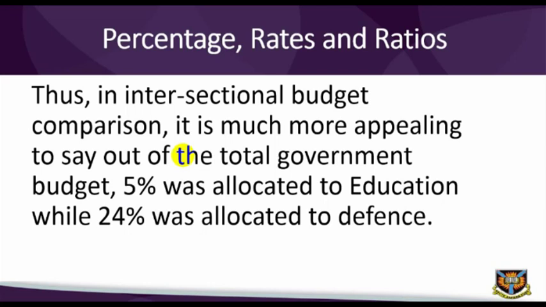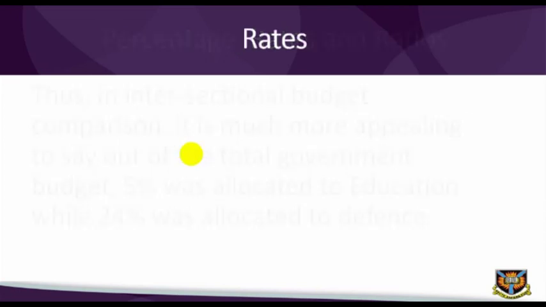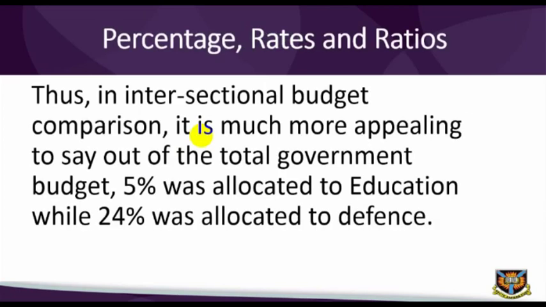Solution to pretest 2. Percentage change is equal to final value minus initial value over initial value times 100%. 24 minus 16 over 16 times 100% is equal to 8 times 100% over 16 is equal to 0.5 times 100% is equal to 50%.